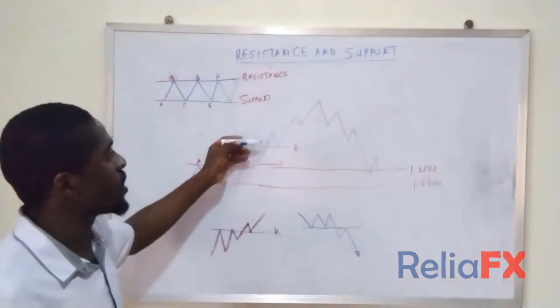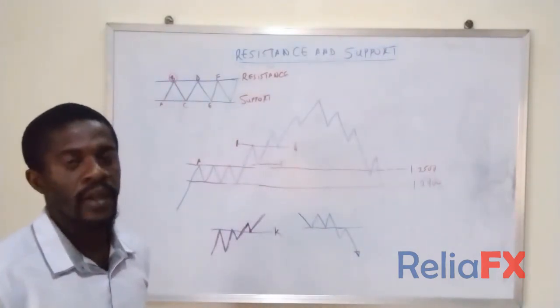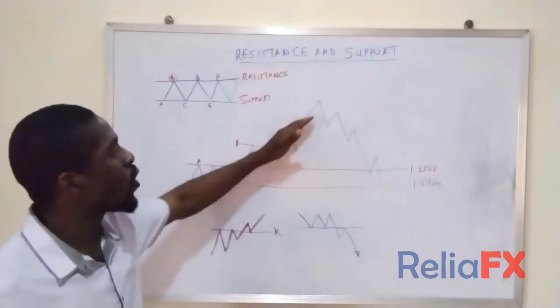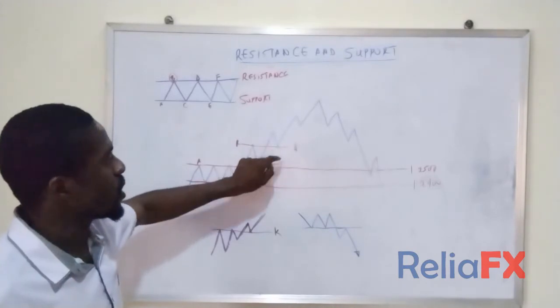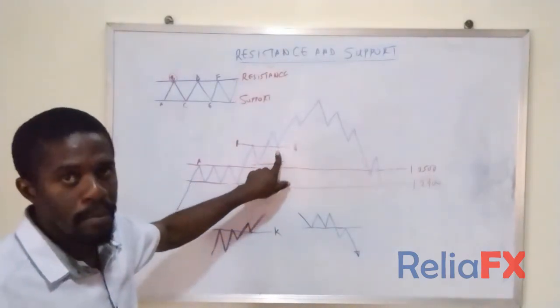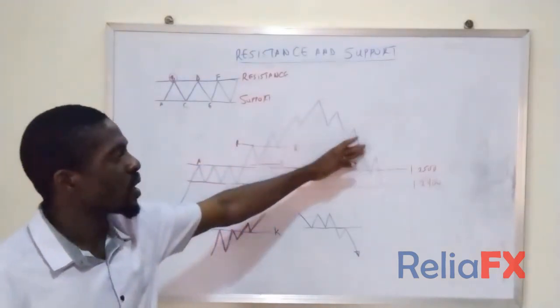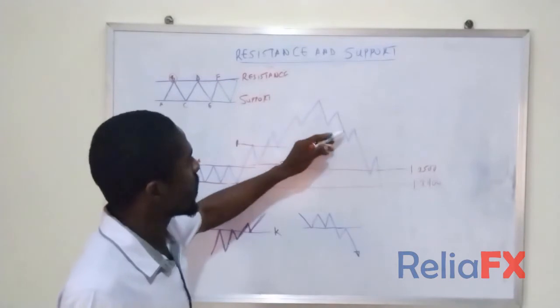So when you're in a trending market and price comes back to a level that has been broken, that's a good point to buy in the direction of the trend. The price is going up here. So if this level is broken and converted to support, this is a good place to buy because we're in an uptrending market. The same thing for a downtrend. If the market is coming down, we have support.